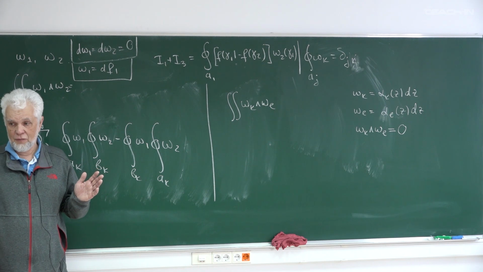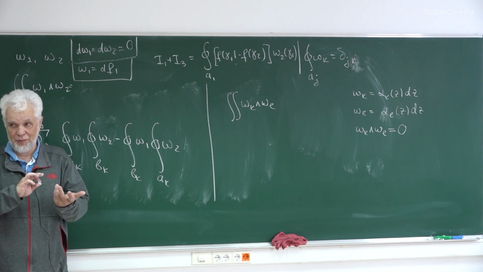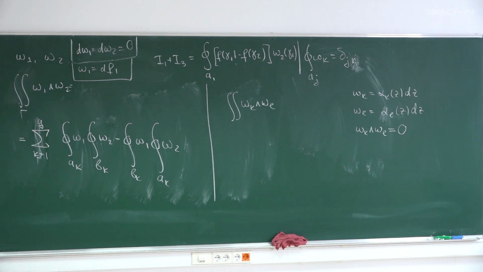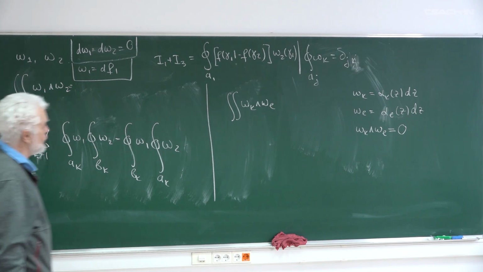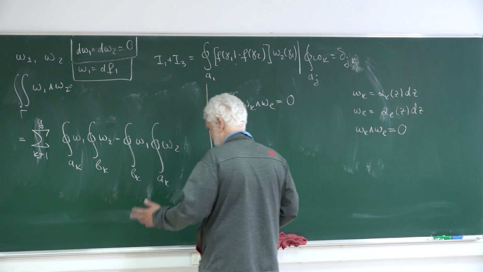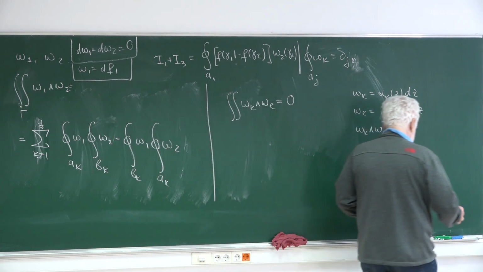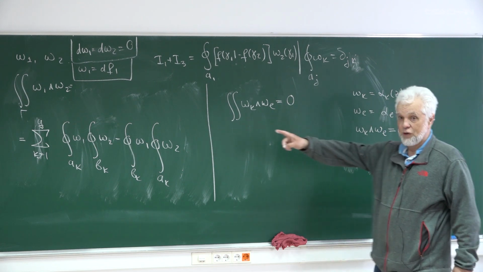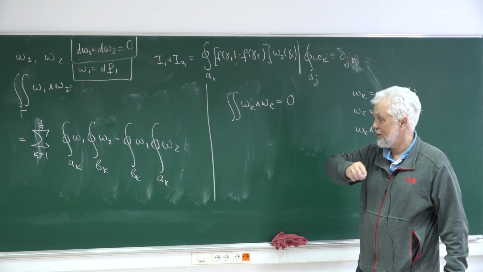You see, dz, h dz is zero because it's skew-symmetric. Therefore, this equals zero. But you may say that it's trivial that we have a zero integral. But let's calculate it using the bilinear relation.